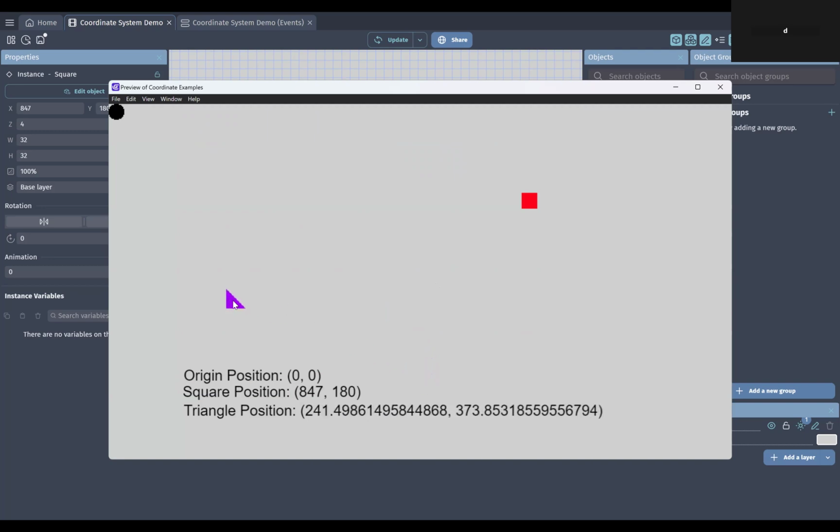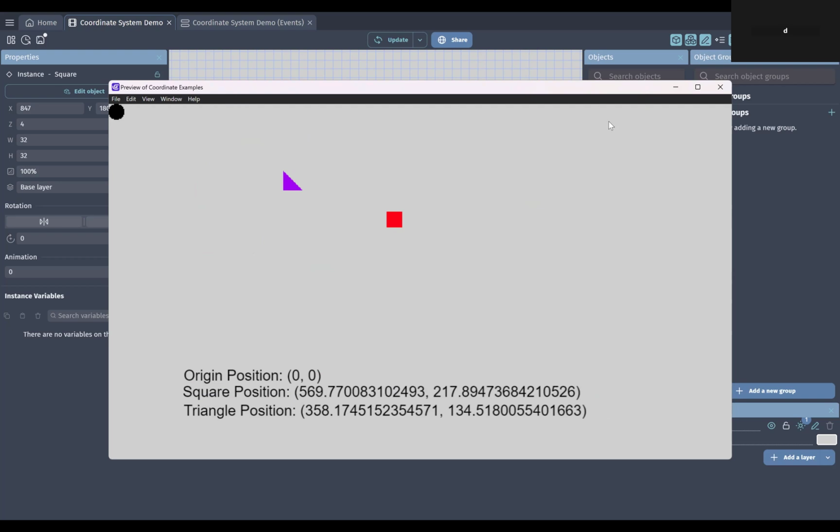As I move to the left, X gets smaller. If I move up, Y gets smaller. And if I were able to move this off the screen, you would start getting negative numbers for the Y. All right. And same thing for the square.